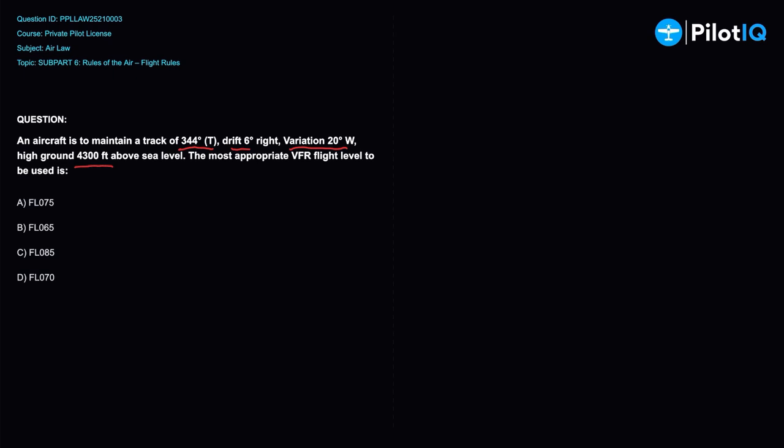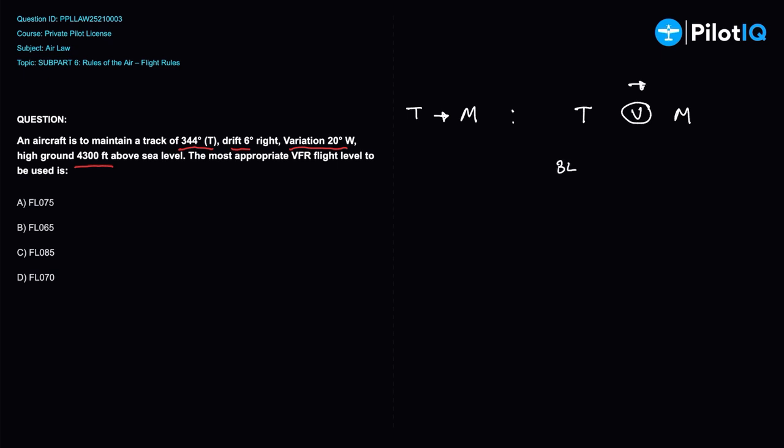So in this question, we've already been given a true track. So what we need to do is get the true track to magnetic, and the way we need to do that is with variation. So we have true and we have magnetic, and now we need to add the variation to get true to magnetic.